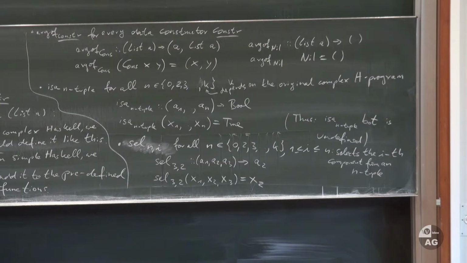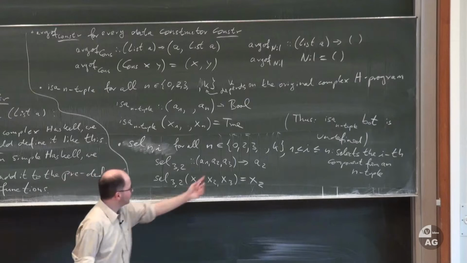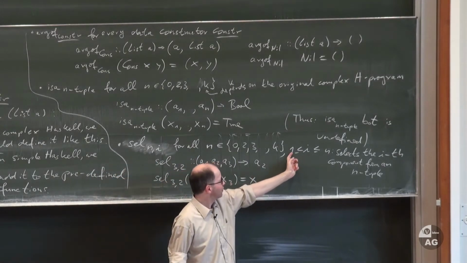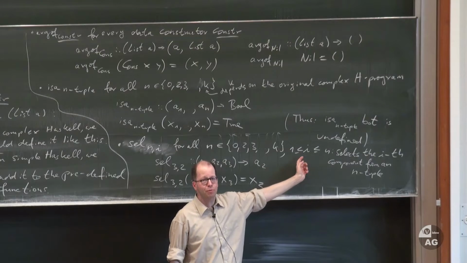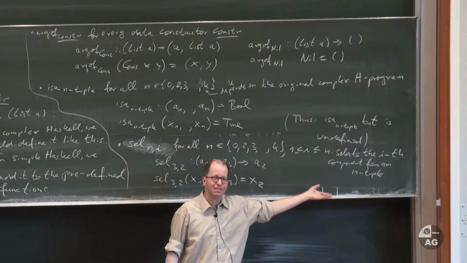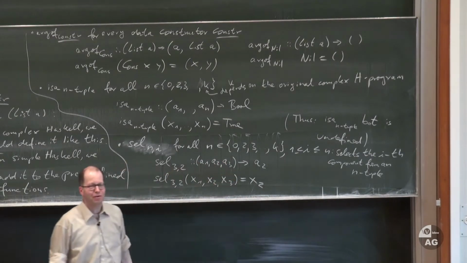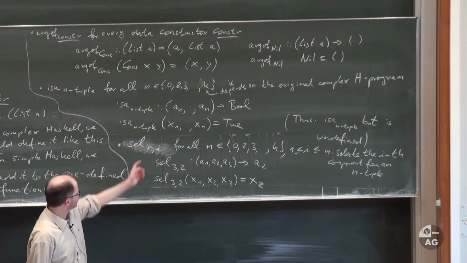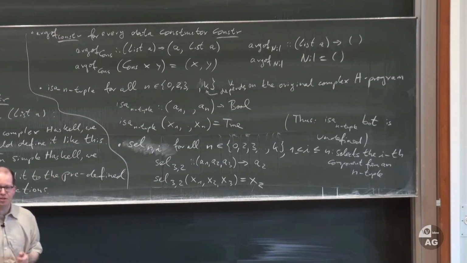Yes? Well, if n is 0, then you can have this function for all i between 1 and 0, and there is no i between 1 and 0, so it makes no sense. But it's not wrong if I write it like that. So indeed, if n is 0, there's no selection function. But as soon as n is 2, there are already 2 selection functions, because you can select first or second component.